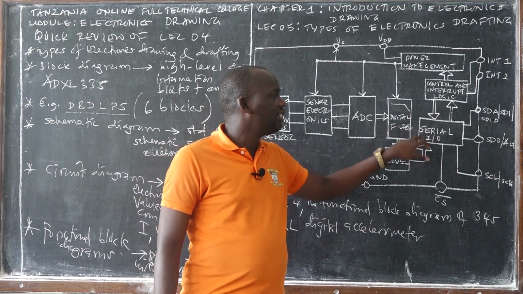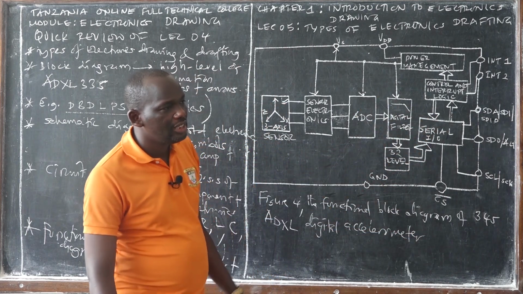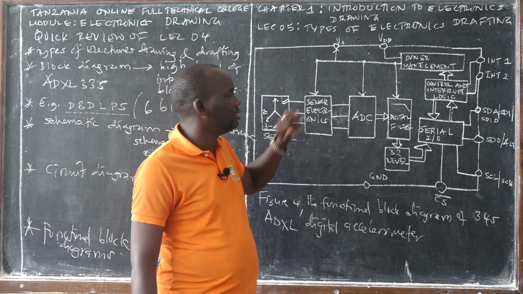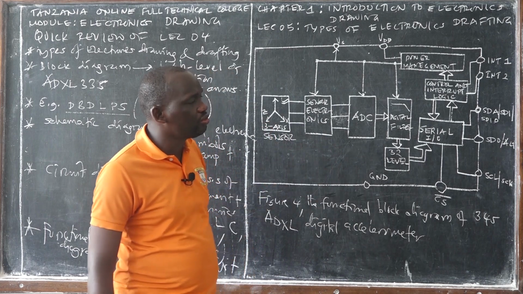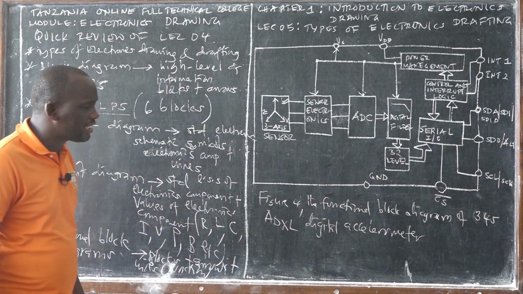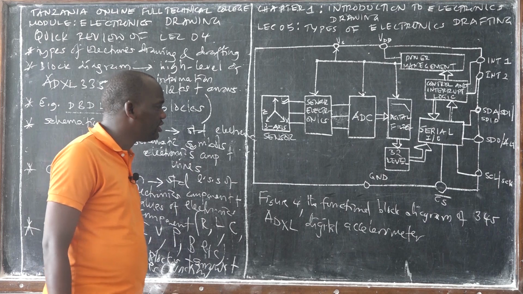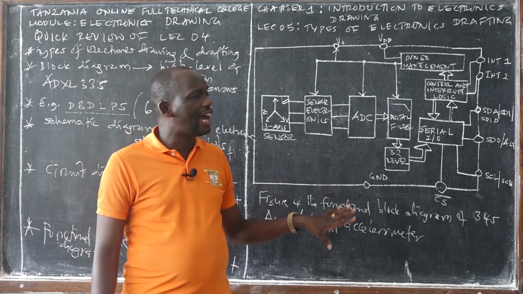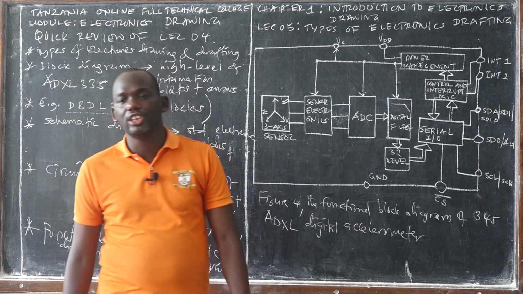We are not using them in a block diagram. You also have the frame, just the frames for the external connection. In block diagrams, we don't show that. In block diagrams, you have to show the flow of the signal from the beginning to the end. So you may notice that it's completely different.